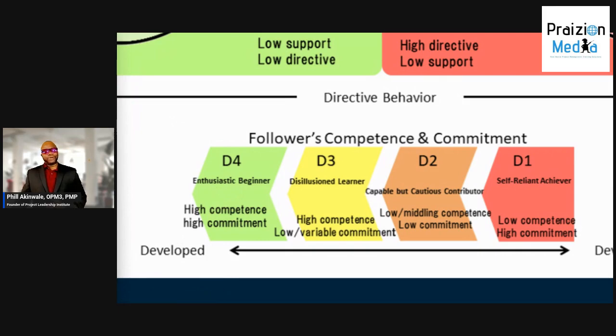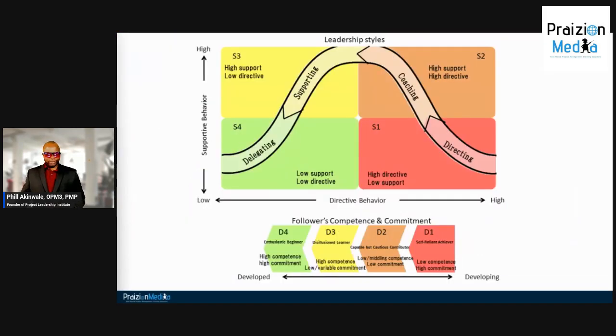The intent of S4, let's zoom out, is to create or enhance task mastery and autonomy. It aligns with followers that have significant experience performing the task at or above expectation, in combination with a level of intrinsic motivation, that means they are motivated from within. That drives their ongoing commitment to excellence.